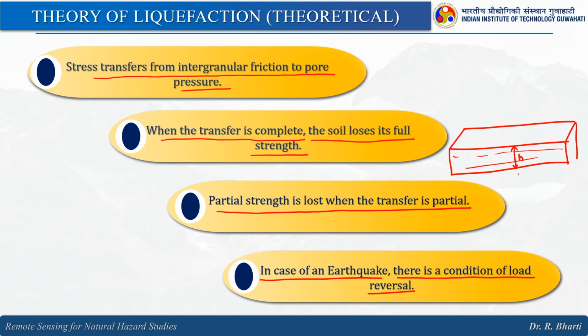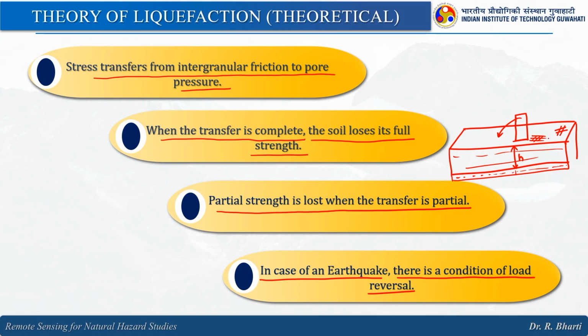So, during the earthquake event, and let us say this is the water table, because of this interaction, this particular soil loses its shear strength, and because of that this building is getting tilted. But whether this shear strength failure is permanent or temporary depends upon the behavior of this particular soil.